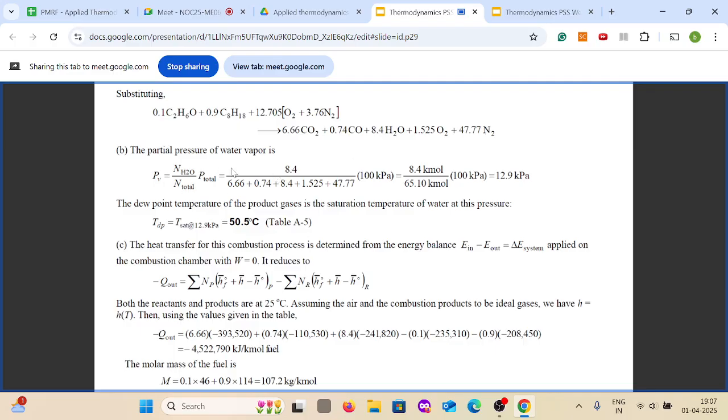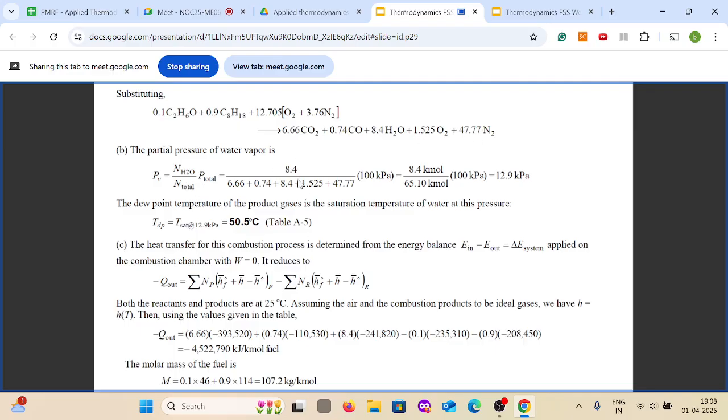The partial pressure of water vapor is your mole fraction times your total pressure. The mole fraction is the number of moles of water divided by the total moles.